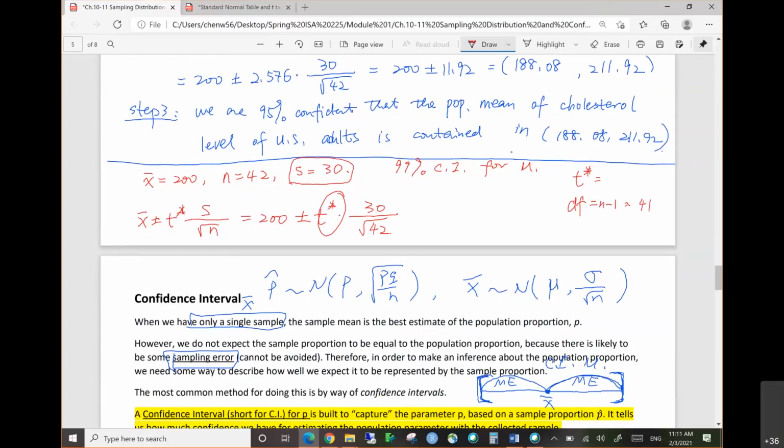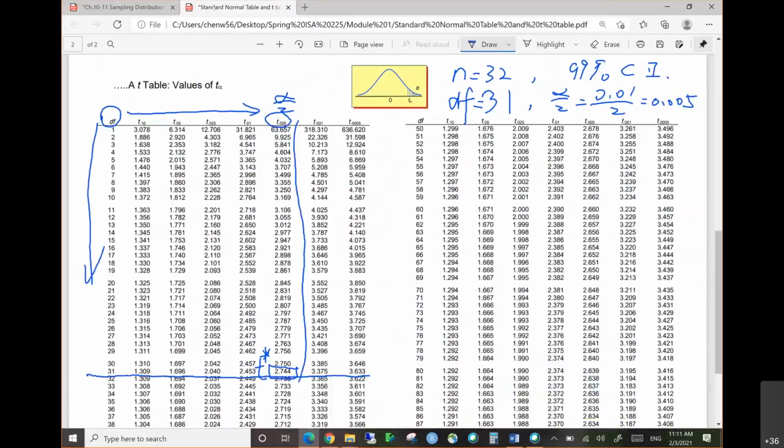We want a 99% confidence interval, so alpha is 0.01, divided by 2, which is 0.005. Then we go to the t table. The degrees of freedom is 41, the alpha over 2 is 0.005. What will be our t star?